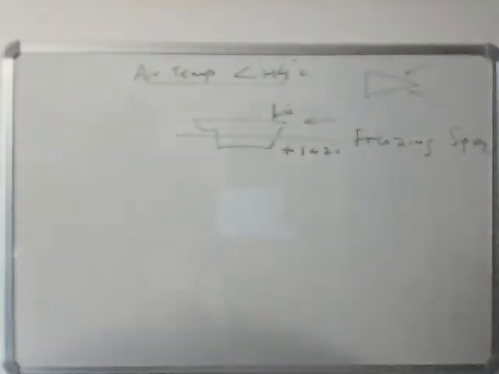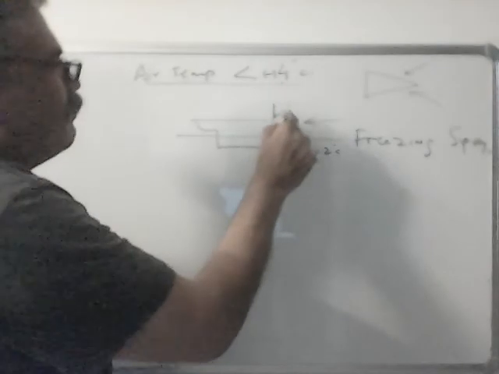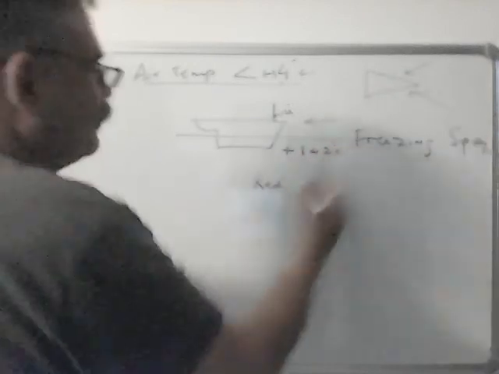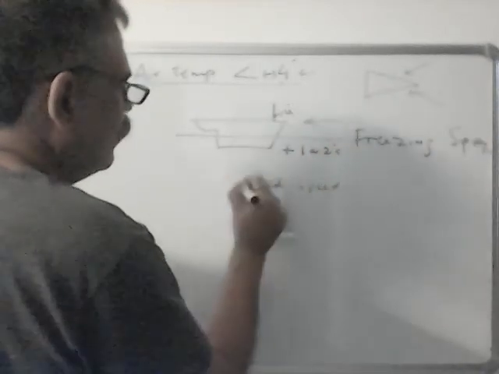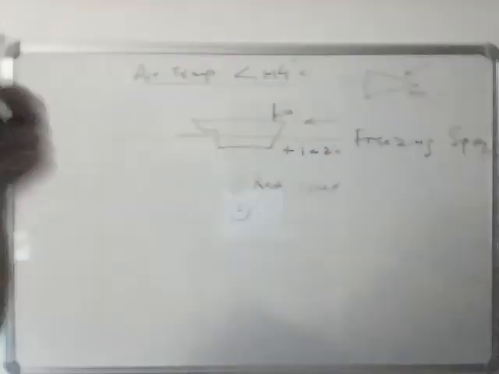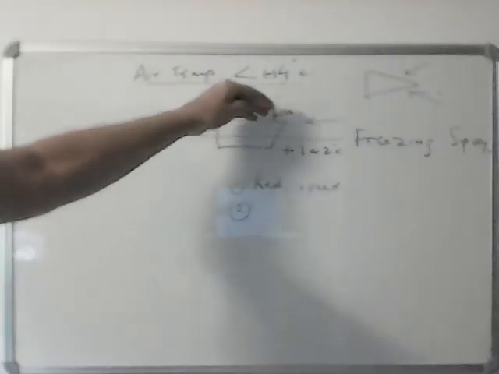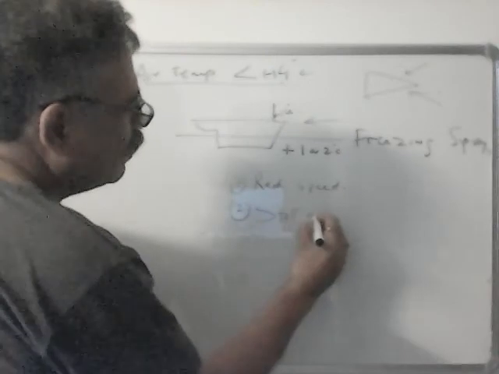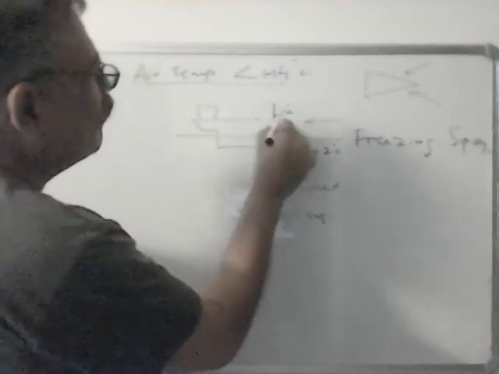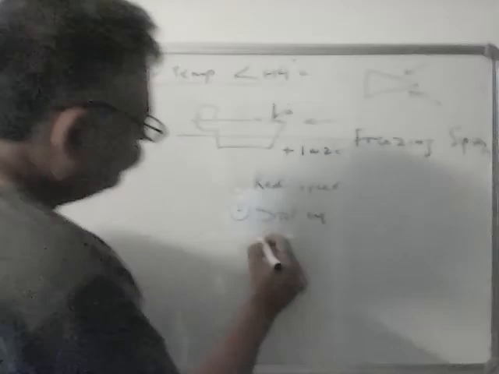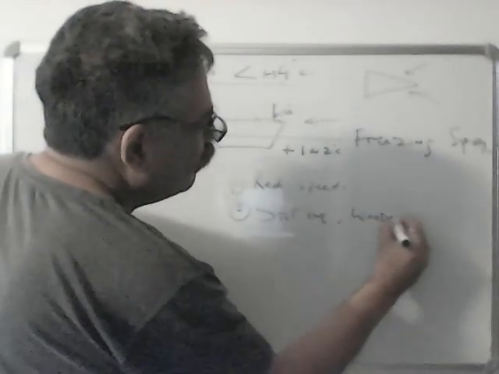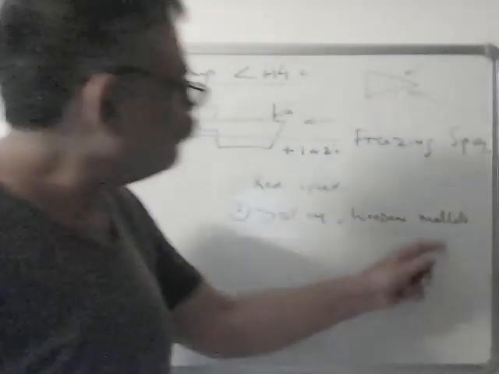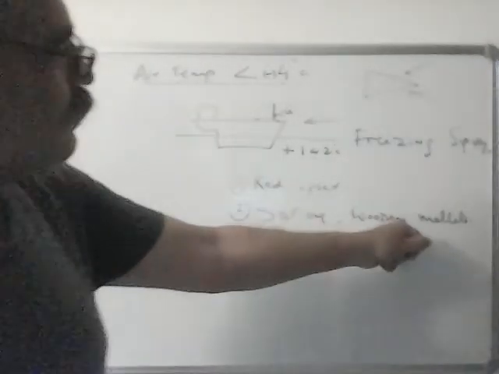Now, whenever you have freezing spray, you have to reduce speed so that spray becomes less. And secondly, if you find the freezing spray is becoming more and more thick, then you have to stop engines and send all the crew forward with wooden mallets.